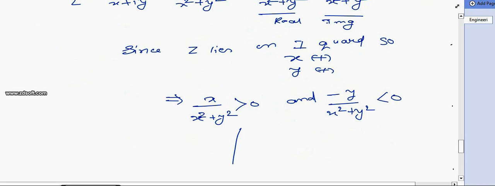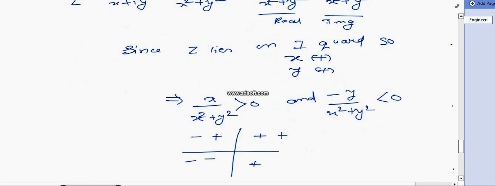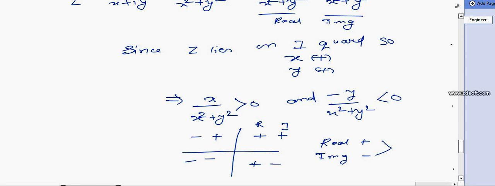Okay, so if you see, plus, minus: this is real, this is imaginary. Here we have got real positive, imaginary negative. This implies fourth quadrant.